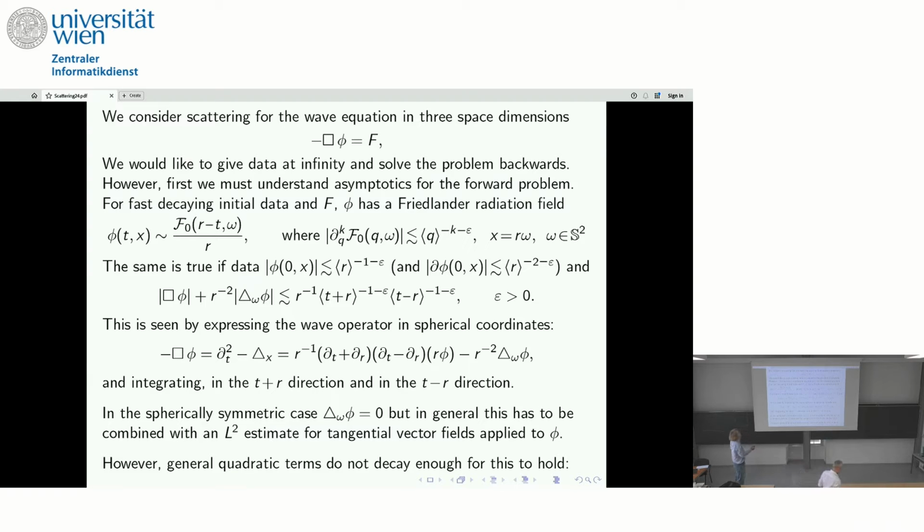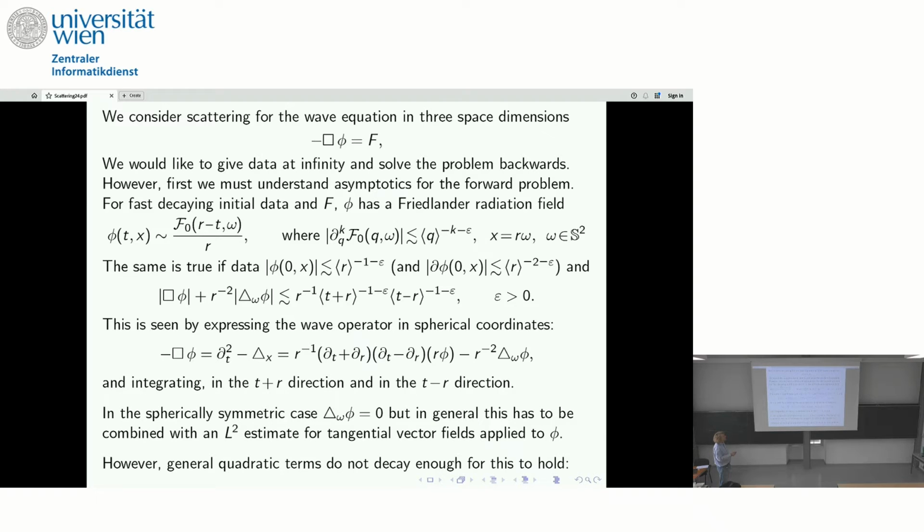Yeah, so we will now study the nonlinear wave equation with right-hand side. And then we would like to give data at infinity and solve backwards. First, you have to study the forward problem and understand the detailed asymptotics for the forward problem.